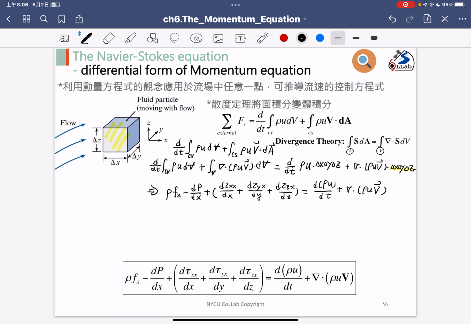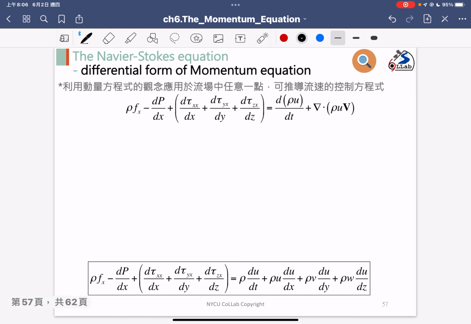Okay, so the next step, we would like to only focus on the item on the right hand side. So we expand the right hand side item, which is equal to dρ/dt multiplied by the velocity u, plus ρ times du/dt, right?